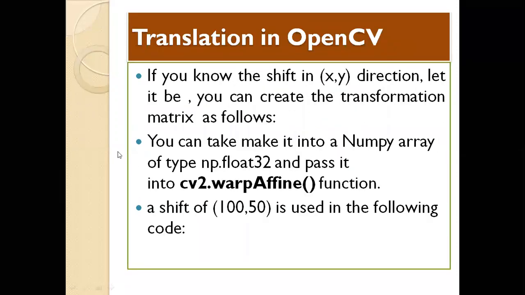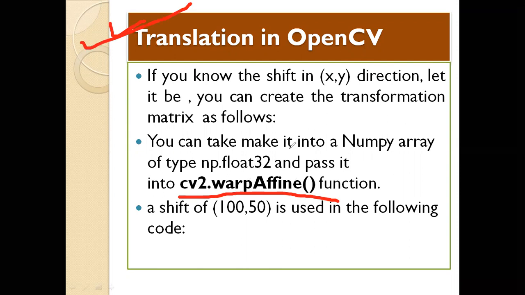Now, let's come to today's main focus of discussion: how to perform translation in OpenCV. In OpenCV, to perform translation, we are going to use the function cv2.warpAffine. As you got it, this is affine transformation. So with the warpAffine function, we will perform the transformation, or sorry, the translation.